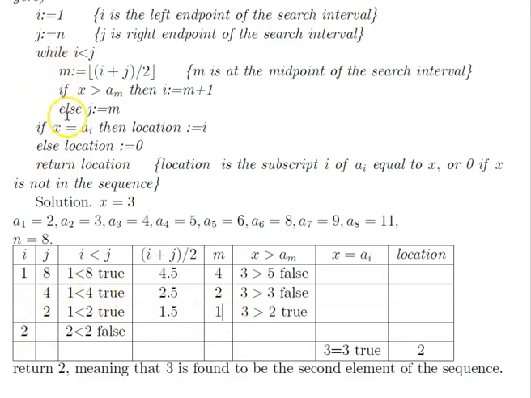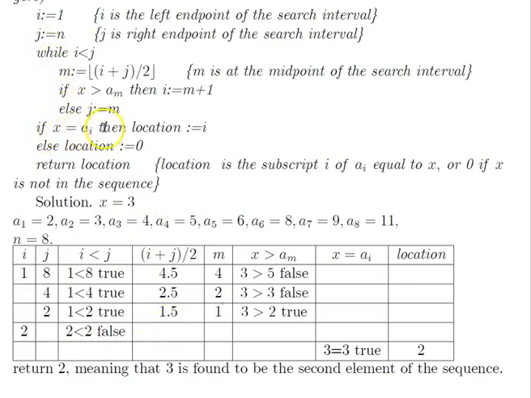The action of the while loop is done. Now in i we have 2, in j we have 2. The condition of the while loop is false. 2 is not less than 2. So we're done with the while loop.